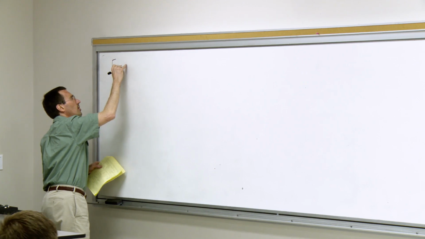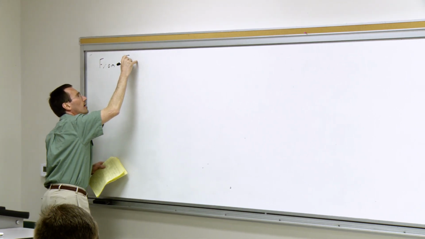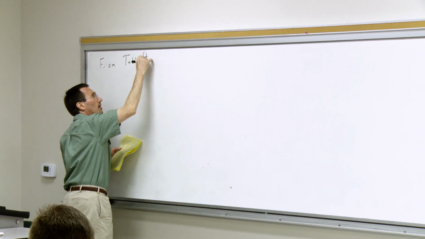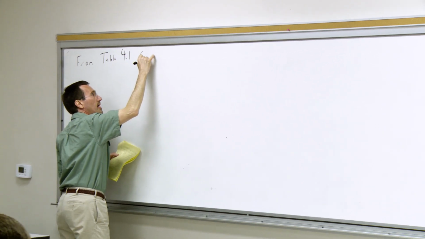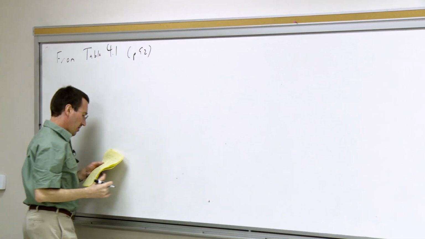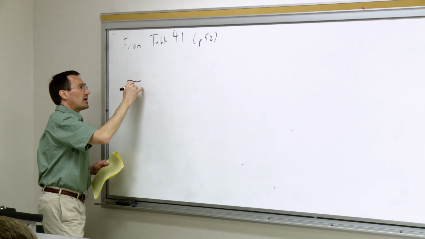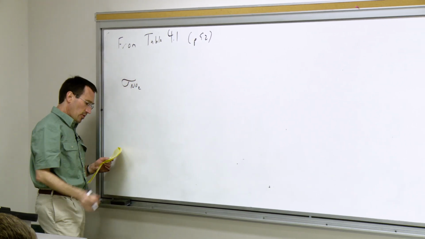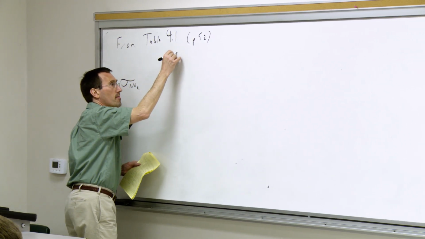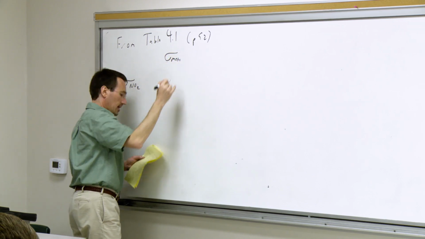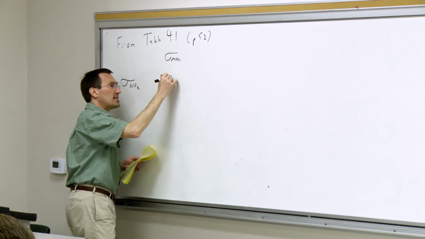From table 4.1, on page 92 of your book, you can look up that for a nitro group, the sigma value for meta is 0.71.